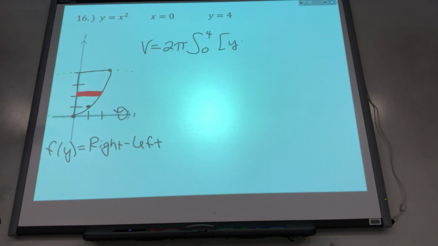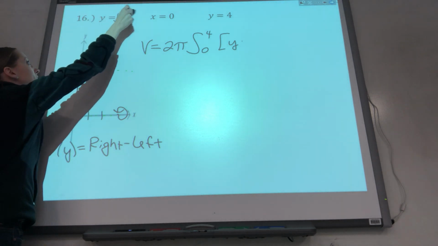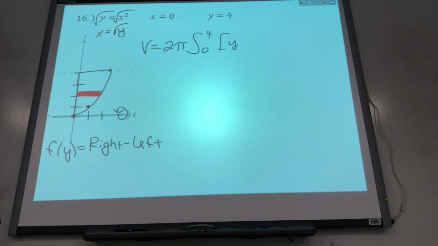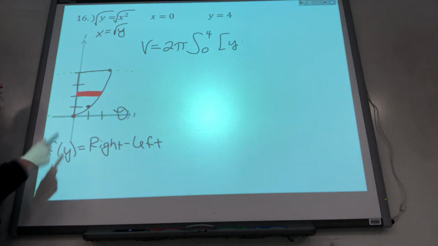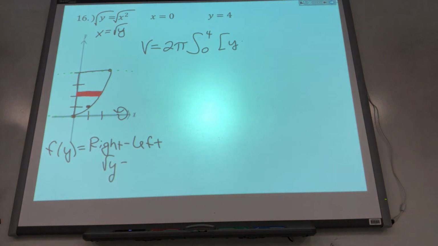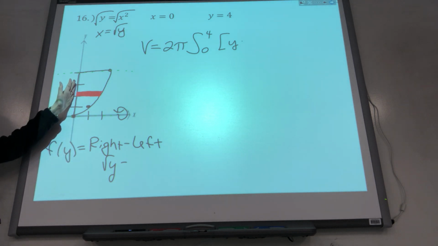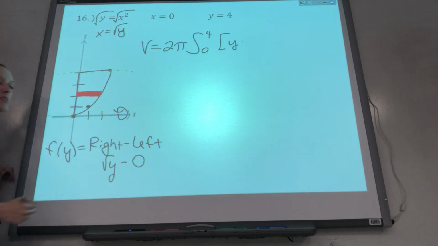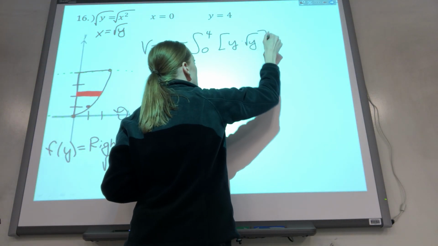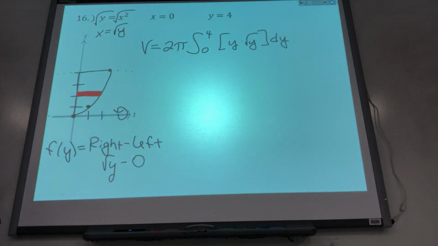However, I'm integrating with respect to y. So I actually need to solve that for x, and don't worry about the plus or minus. We want volume to be positive anyway. So the function on the right is not x squared. I want it to just be square root of y minus the function on the left, which was just 0. So I'm going to be putting square root of y in for f of y.